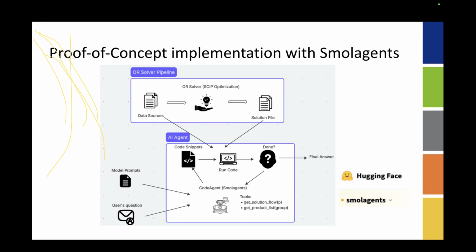So ideally, the AI agent should be able to understand and reason about your question and generate code to pull numbers from your data source or solution file to answer your question accurately.